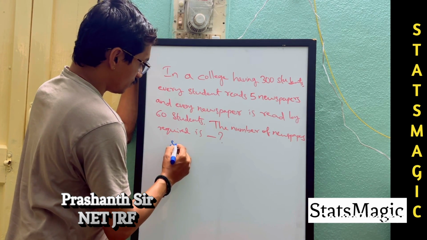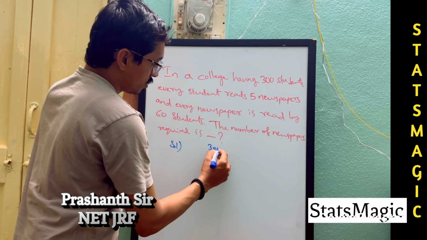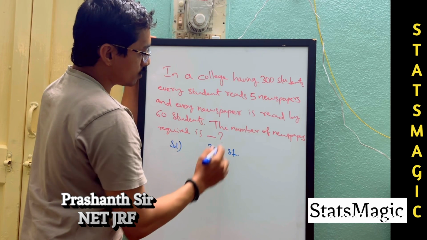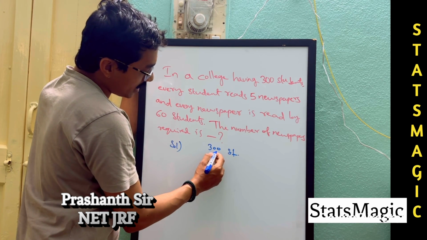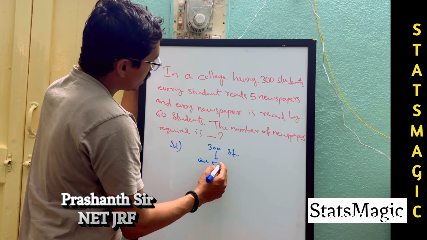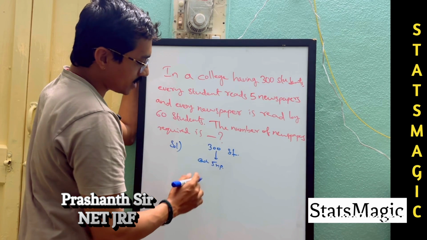Solution: in a college, 300 students are there. Every student reads 5 newspapers. So every student of this 300 reads 5 newspapers each. That means we have to find the total readings.